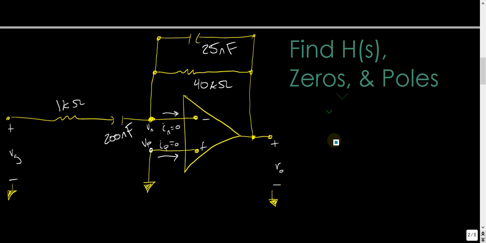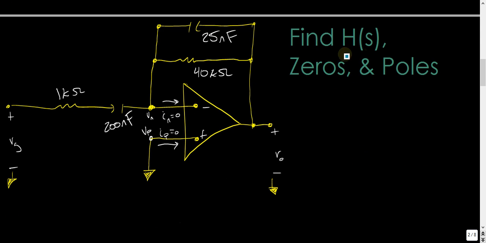So basically, here is our op amp. The question states to find H of S, find the zeros and the poles. If you're unfamiliar, H of S is basically a transfer function from the frequency domain that we could take the inverse Laplace transform of and find in the time domain.